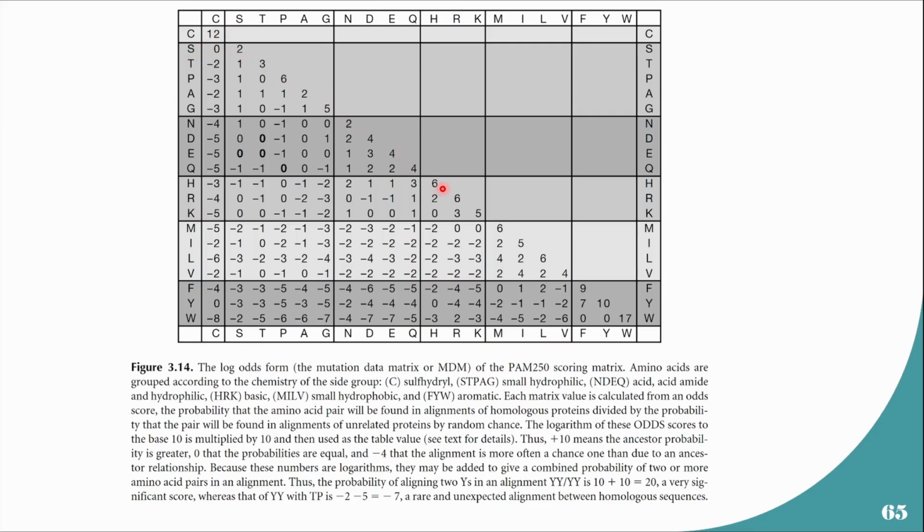The positive score indicates that this amino acid staying the same is calculated as a positive score, because of course a lot of times it will not mutate, right? However, if you see certain amino acid to amino acid mutations that have a highly negative score, that means those mutations are not accepted by evolutionary processes and they are penalized because it is a negative score, right? So in your entire alignment scoring, you have to put in the score for this particular mismatch. So that is the usefulness of the PAM matrix.